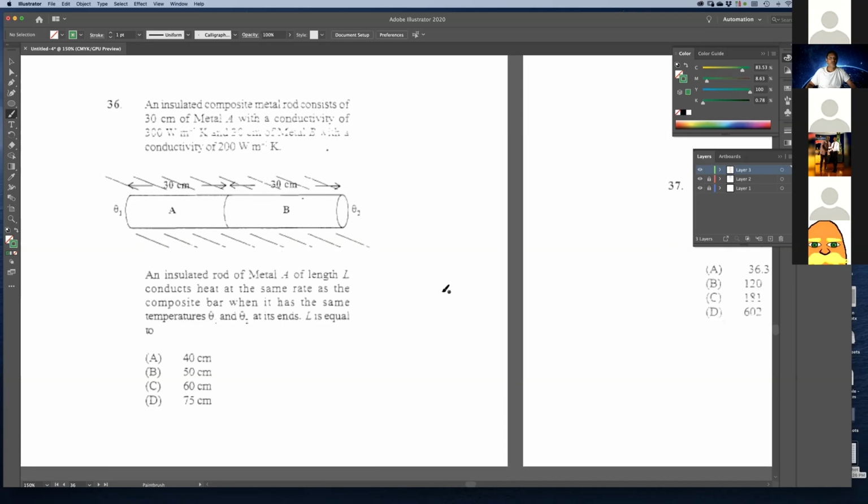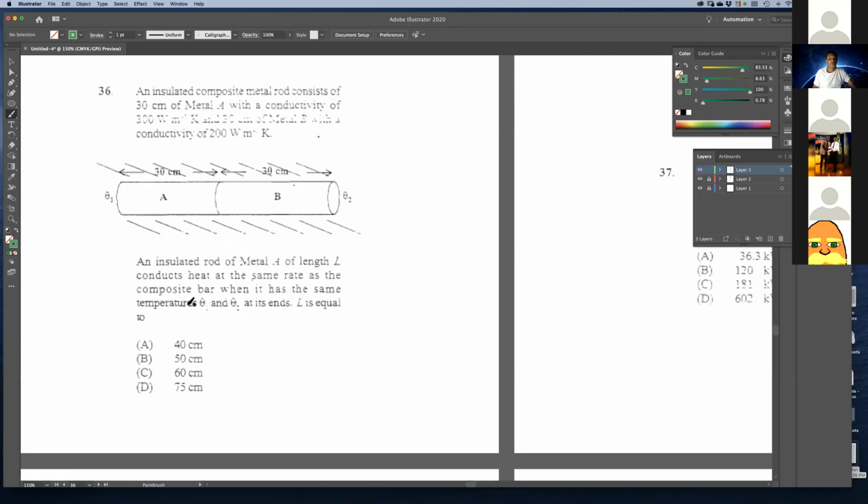An insulated composite metal rod consists of 30 centimeters of metal A with a conductivity of 300 watts, and 30 centimeters of metal B with a conductivity of 200. An insulated rod of metal A of length L conducts heat at the same rate as the composite bar when the length L is equal to what?